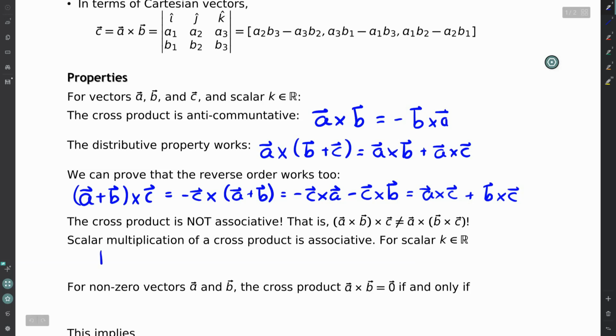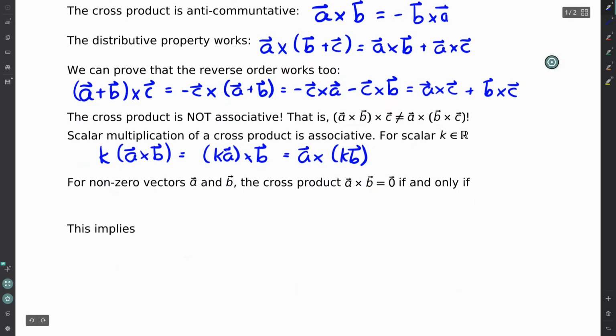That means if we have K times (A cross B), that's the same thing as (K times A) crossed with B, and that's the same thing as A crossed with (K times B). So fortunately, a scalar we can put in any order.